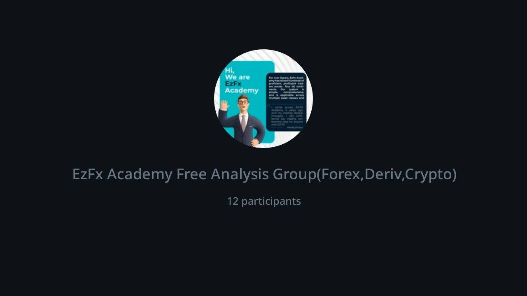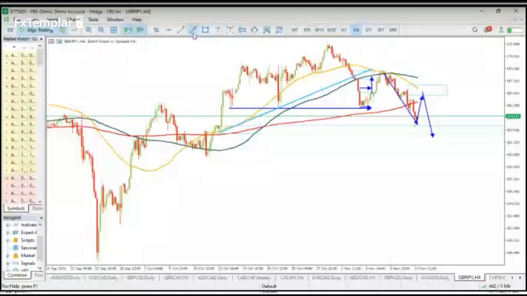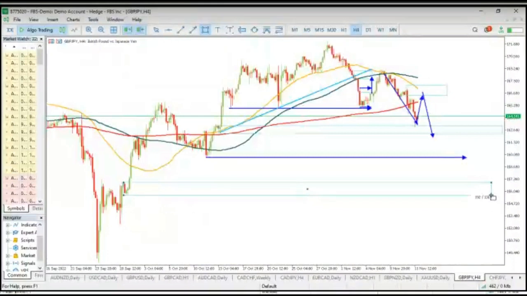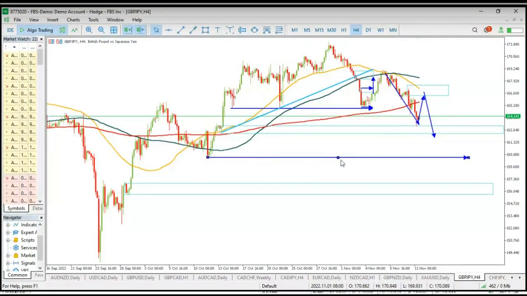All right, because I kind of expect this area to be taken. I kind of expect liquidity to be taken from this area so that price can come into this zone, after filling up this imbalance. Right, so after filling up this imbalance and taking liquidity from these lows, then we tap into this other block and then move.